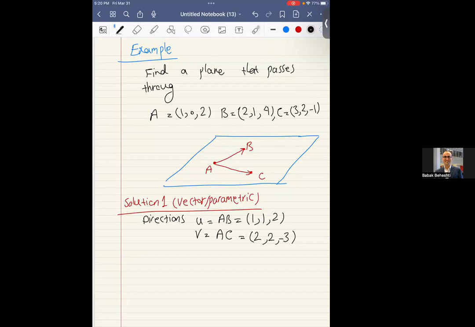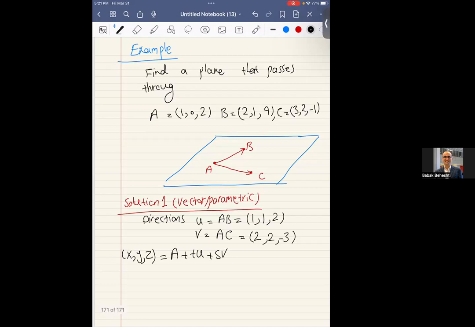So that means the vector equation is the following. So the vector equation is x, y, z is equal to, as a point, you can take either A, B, or C. I just take A. So A plus tU plus sV.